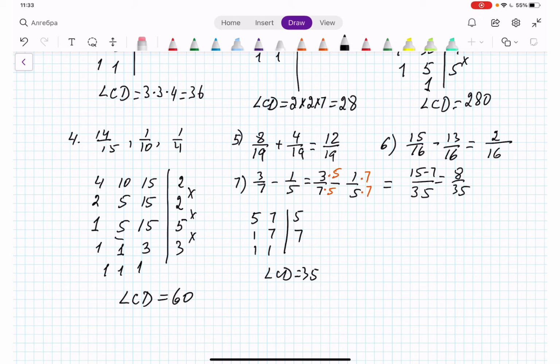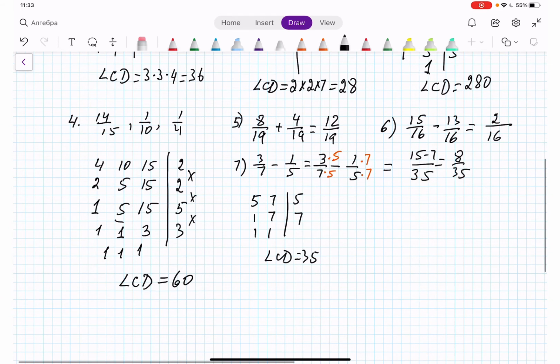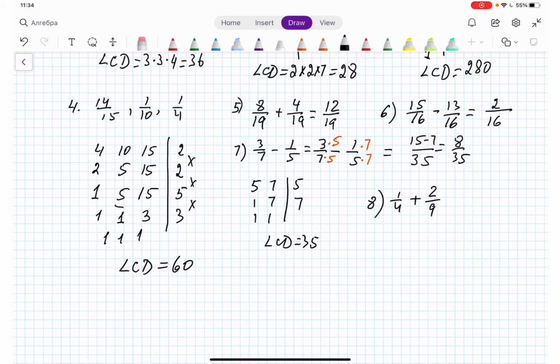Question number 8. So what do we have here? We have 1 over 4 plus 2 over 9. Okay. 4 and 9, how much is it going to be? 36, obviously, right?